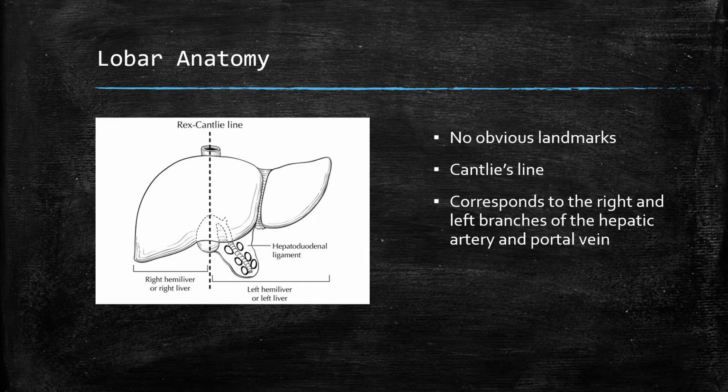Cantlie tried to solve this problem by coming up with his line. He described a line from the gallbladder fossa to the inferior vena cava. The problem for us in the operating room is we can't see the vena cava, and so Cantlie's line is just a guess and isn't terribly useful to us.